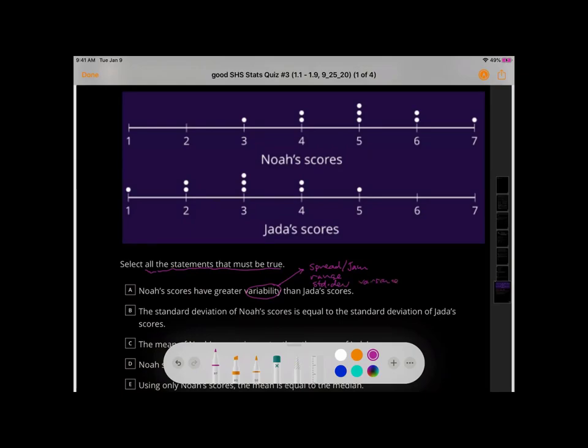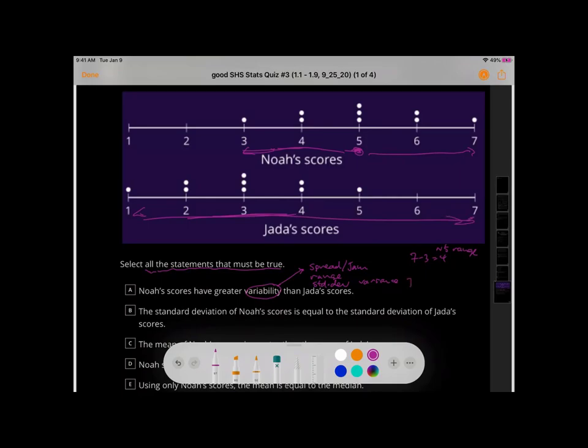So let's just look at this with my visual of spread. Looking at Noah's, you put the jam right here in the middle, and it goes this way. So you can do a range, right? 7 minus 3 is 4, for Noah's range. And then if you did Jada's, Jada has jam or spread all over the place, right?